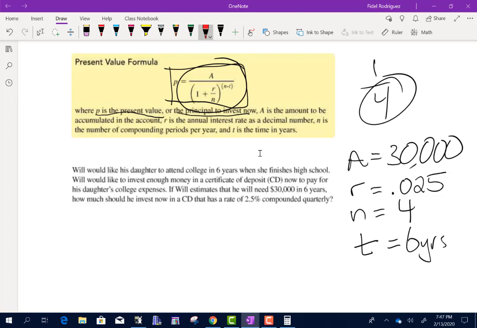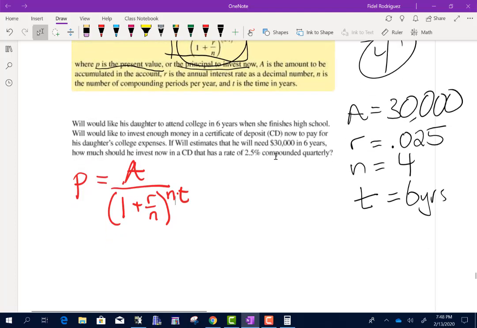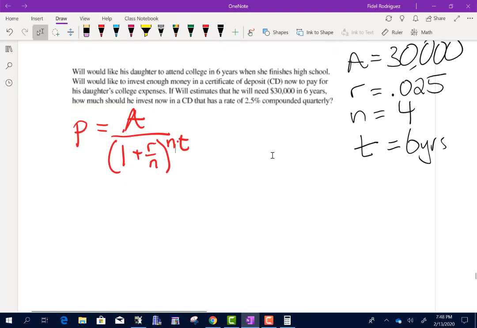Alrighty. So now, I'm going to do the same thing we did before. I'm going to fill in my formula, so I'm going to go ahead and write it out here first. Okay. And then we're going to go ahead and do a little plug and chug. All right. So let's see. P equals A. A in this case is 30,000.